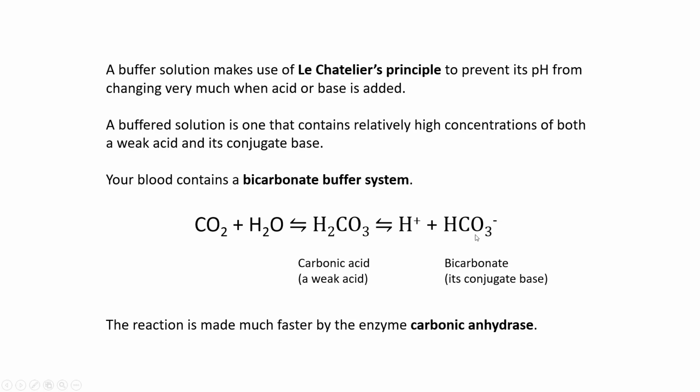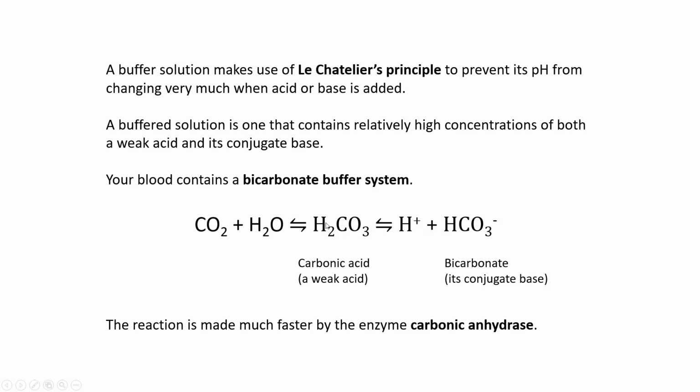So in this particular instance, you have a weak acid, which is the carbonic acid. A weak acid means that it has some propensity to give up a hydrogen ion or donate it to the solution, but it's not that strong. So at any given time, you wouldn't have all the hydrogen ion being donated to the solution.